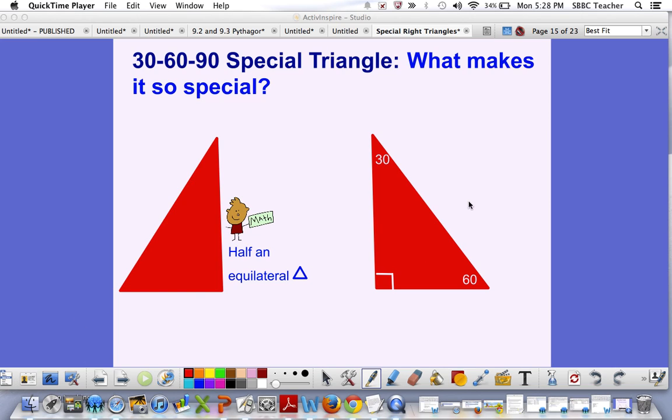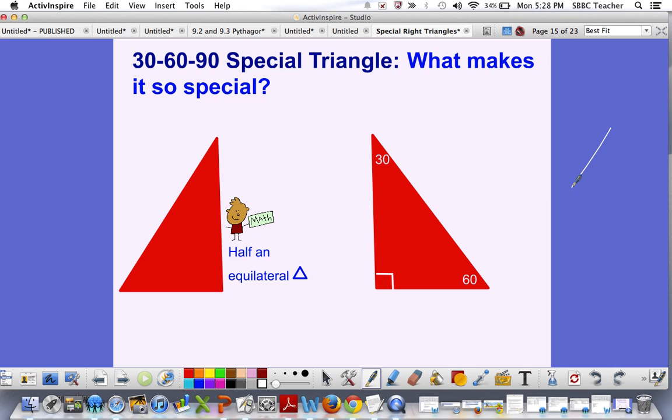If you have an equilateral triangle, for example, like so, if you recall, an equilateral triangle has angle measures that are each equal to 60 degrees. And that makes sense because 60 degrees plus 60 degrees plus 60 degrees is equal to 180. So every single equilateral triangle has angle measures equal to 60 degrees.